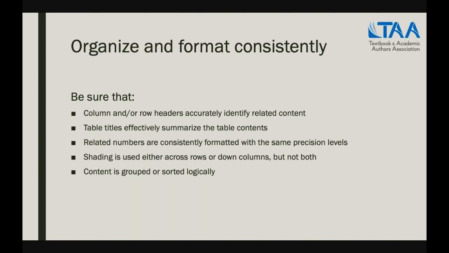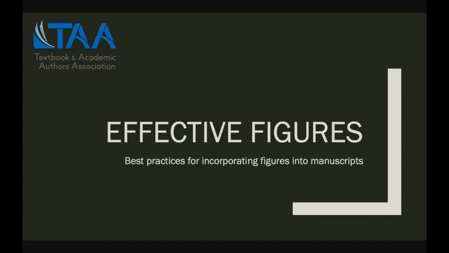Okay, so tables, a lot of things we can do with them, but key is first to make sure that the details are there, that a table is necessary, and that once we have the data presented, that it is in an organized and formatted presentation that makes it easy to read.